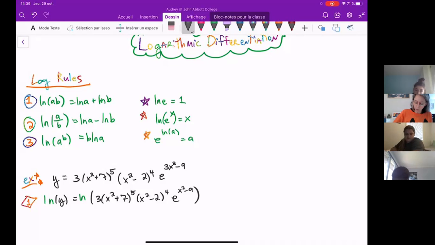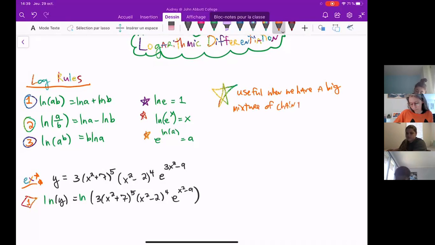So I'm going to go up here and give us another reminder. We said that this is useful when we have a big mixture of chain rules, product rules, and quotient rules.